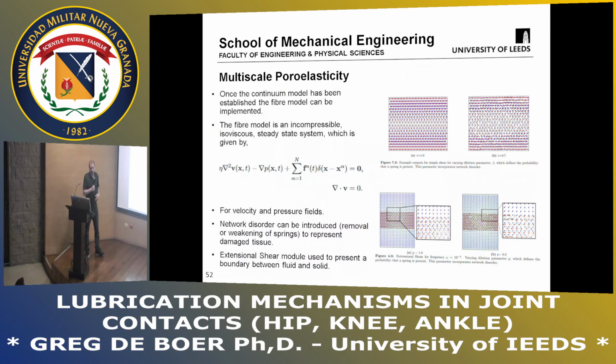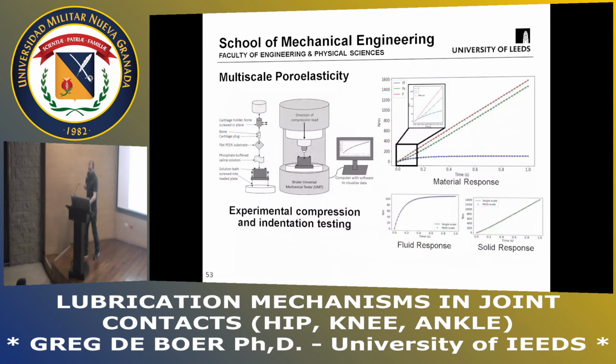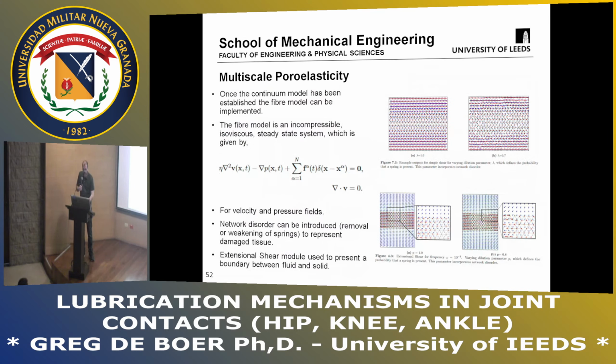And what we're going to do is we can then average the flow effects and the pressure effects in these scales to drive back the values that we need for the macro scale model. And one thing that's really nice here is that these springs can be defined how you want. So I'll talk about that in a second, but we can tune what we want our spring models to look like and what we want them to do in order to get a better understanding of the material.